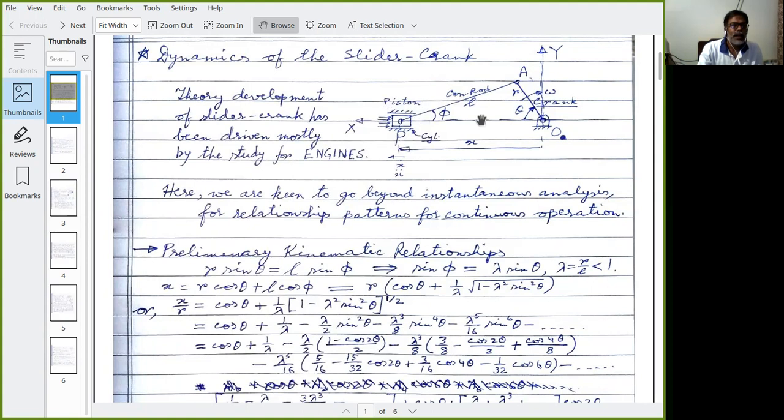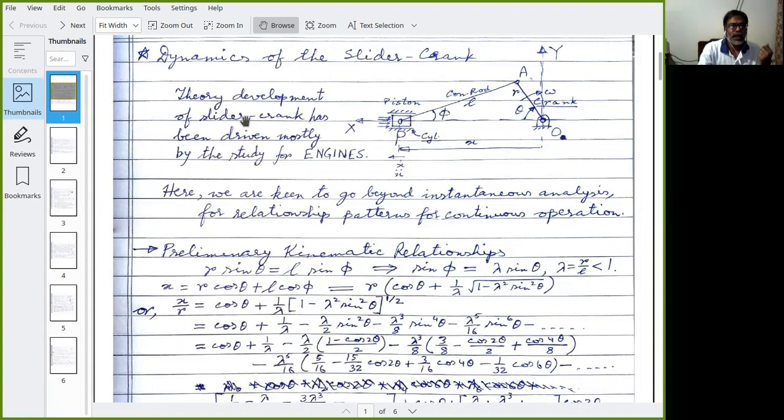However, here with a revolute joint converted to a prismatic joint, things actually become simpler, and we can do more.